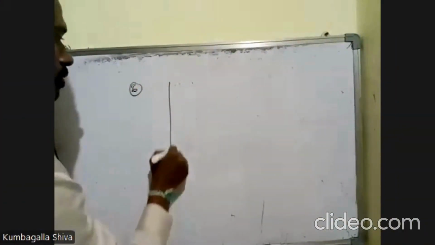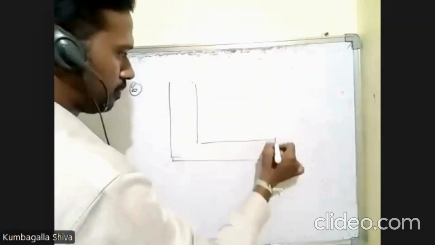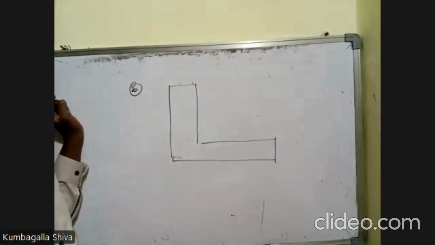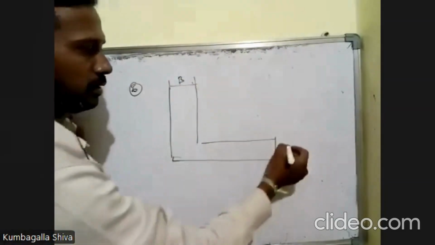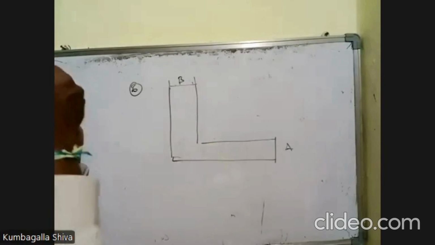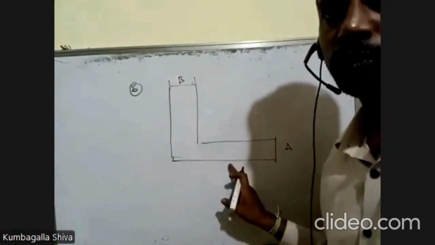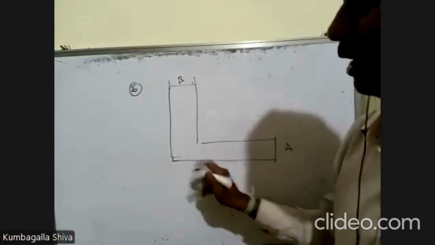They're showing you this one. Okay, this is the limb. This is the B side, and this is the A side. The figure shows an L-shaped tube filled with liquid to a height h.